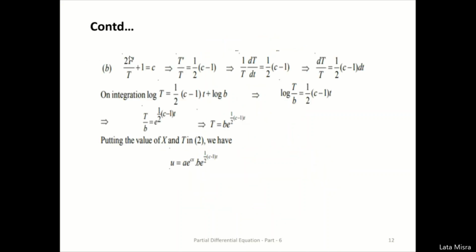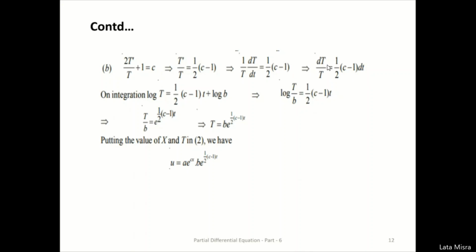Second ordinary differential equation: we have 2T'/T plus 1 equals c. Again writing T'/T equals 1/(2c minus 1), and replacing T' by dT/dt, we have 1/T dT/dt equals 1/(2c minus 1).